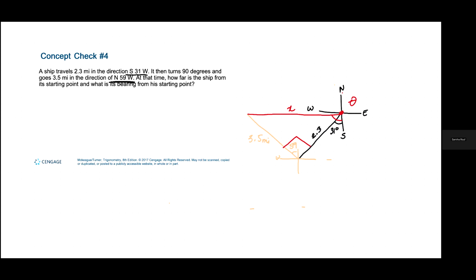Okay, so let's find first X because again, we have a right triangle. So X squared has to equal 3.5 squared plus 2.3 squared using Pythagorean theorem.